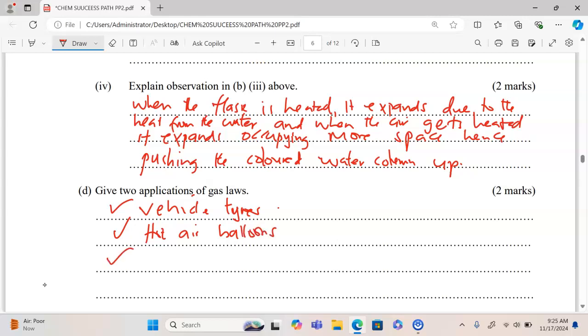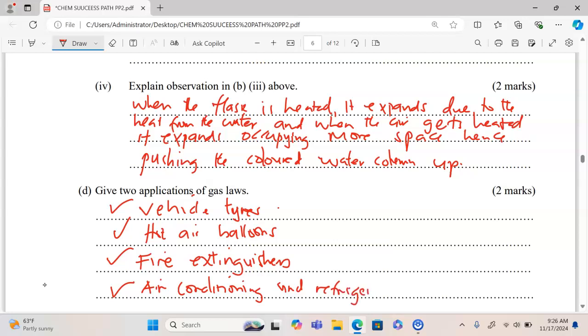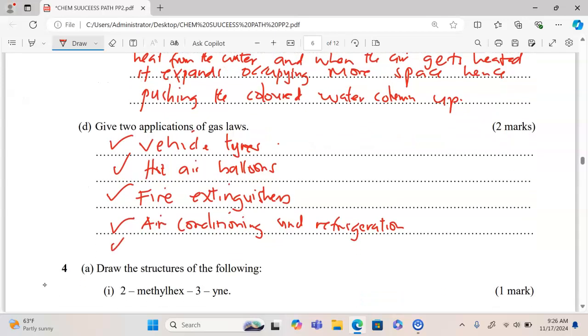We also have an application in what we call fire extinguishers. We have also an application in what we call air conditioning, and refrigeration. We also have applications on areas of what we call weather prediction.